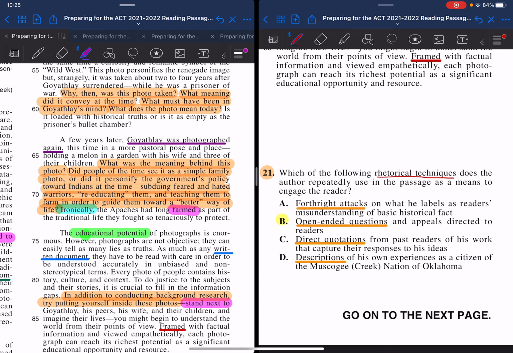Here, this isn't happening. Here, the author is throwing several questions at you rapid fire, and then moving on. So the intent was never to answer the question, but rather to appeal directly to the reader. That's the other part of the answer.